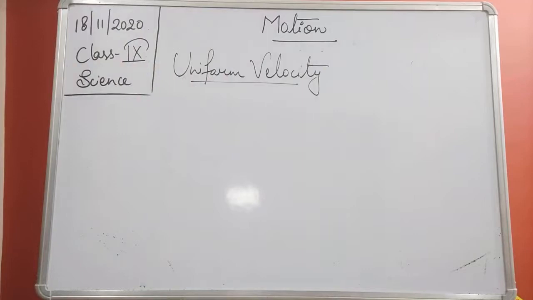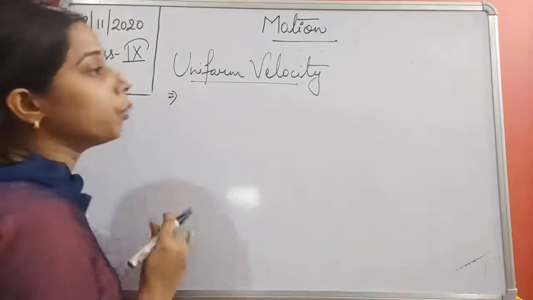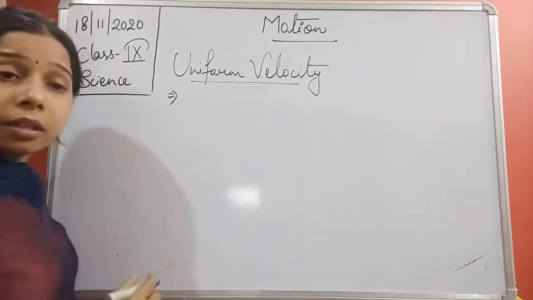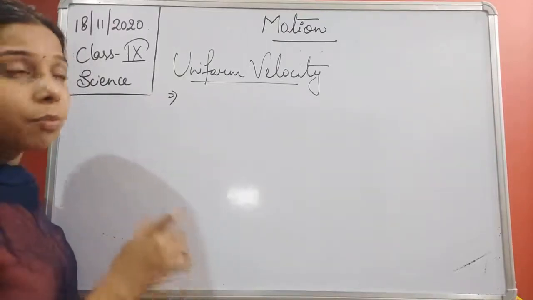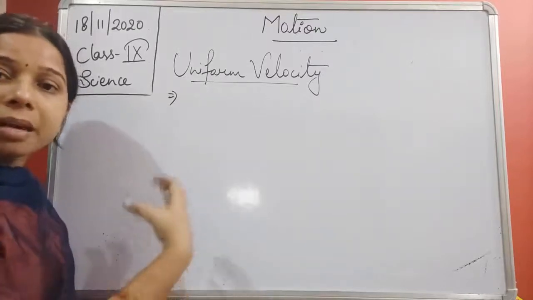What is uniform velocity? For uniform speed, we discussed that if an object travels equal distance in an equal interval of time, that movement we call uniform speed.